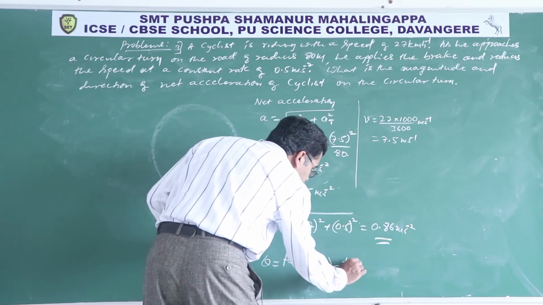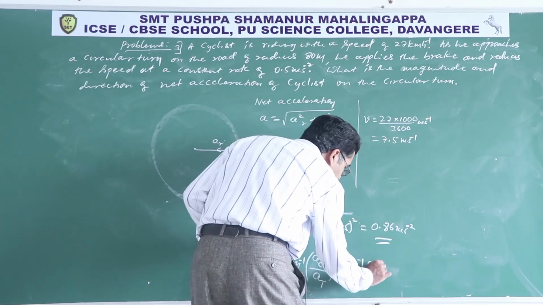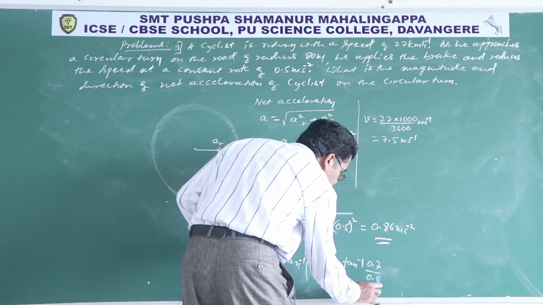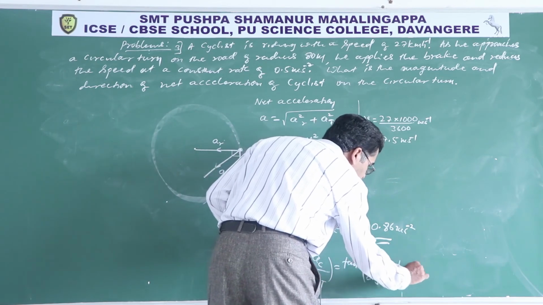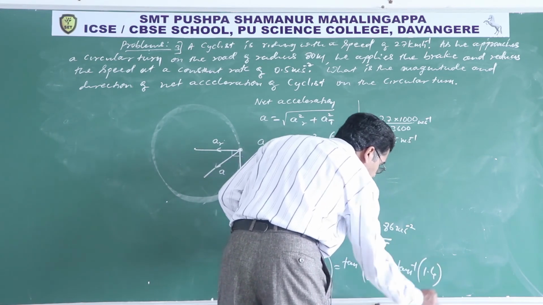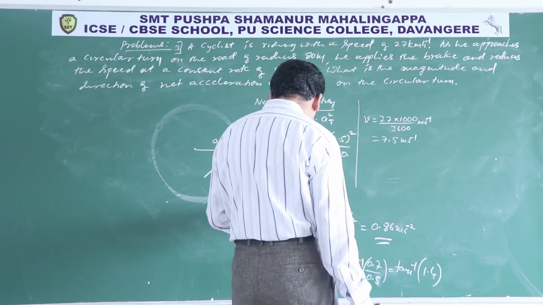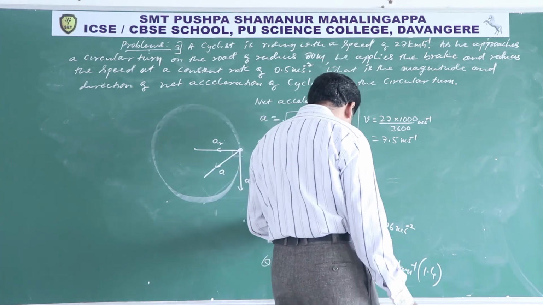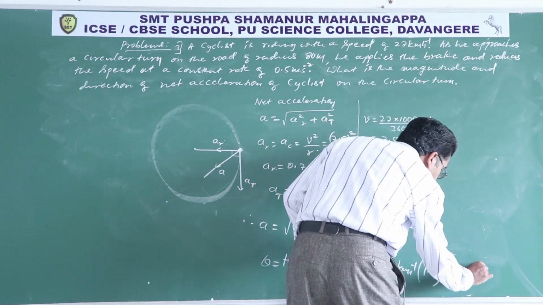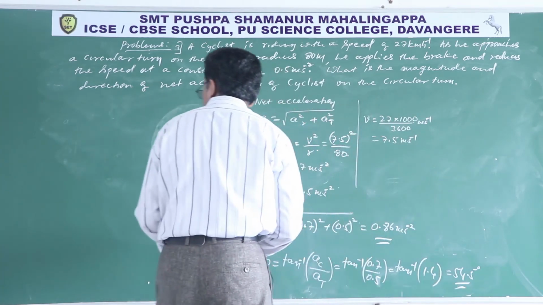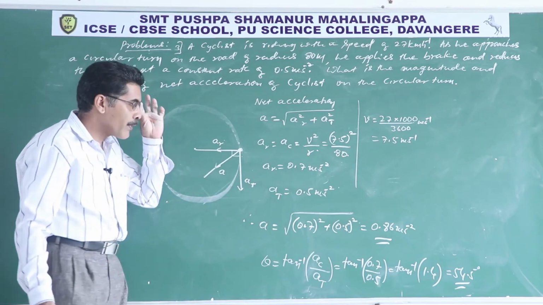This is tan inverse of 0.7 by 0.5, which is tan inverse of 1.4. This comes out to be 54.5 degree. Therefore the direction of the resultant is 54.5 degree.